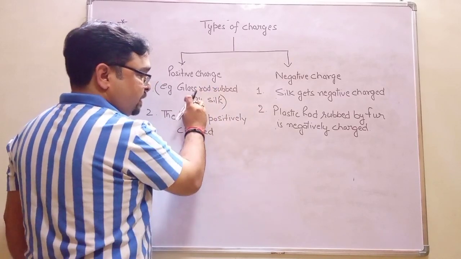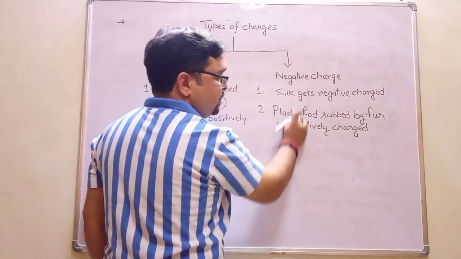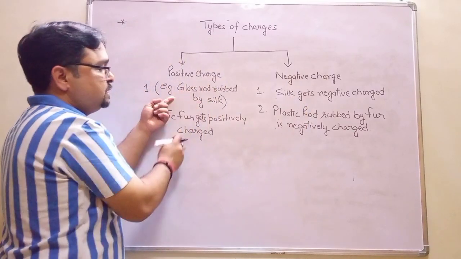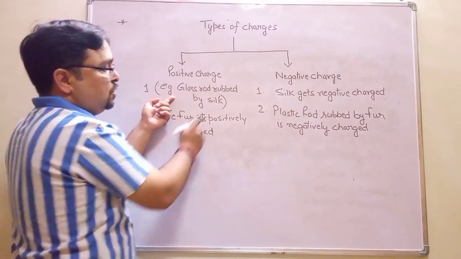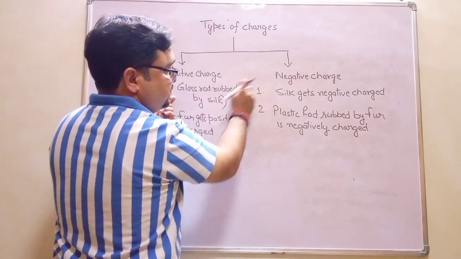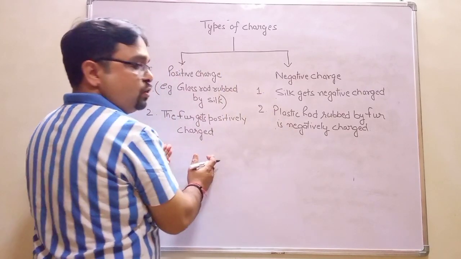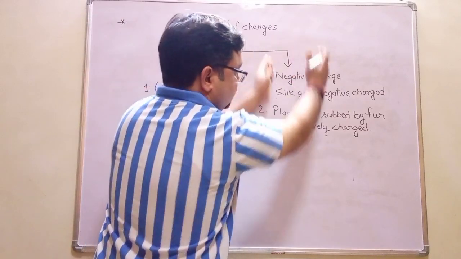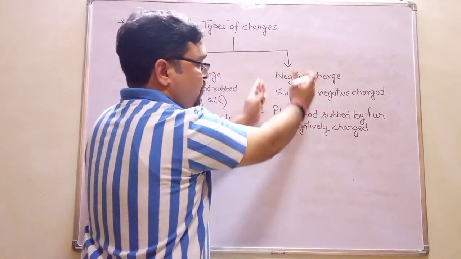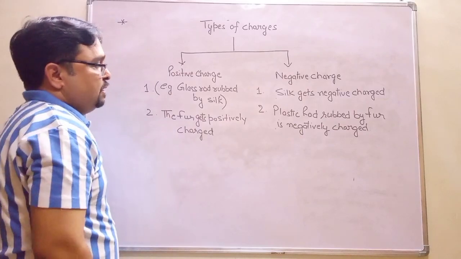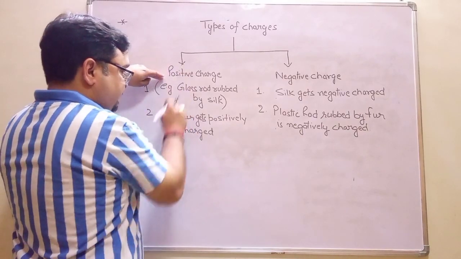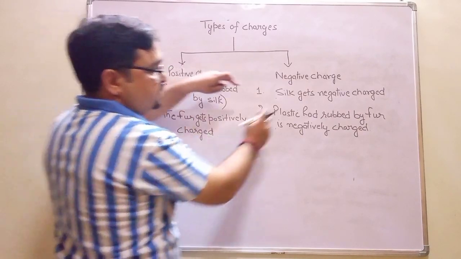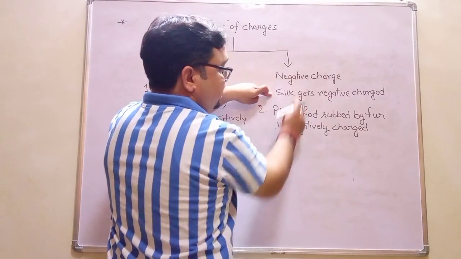These two will repel each other. Same charges repel each other. Opposite charges attract each other. So in the first column, whatever substances we have, they will attract the second column substances, and the substances in the same column will repel each other.